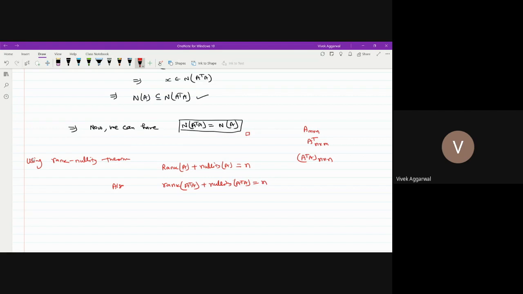But we have just shown that the null space of A transpose A is equal to the null space of A. So I know that nullity of A transpose A is the same as nullity of A. If that is true, then I can say that the rank of A transpose A is also the same as the rank of A.